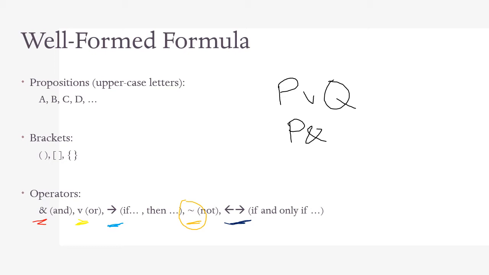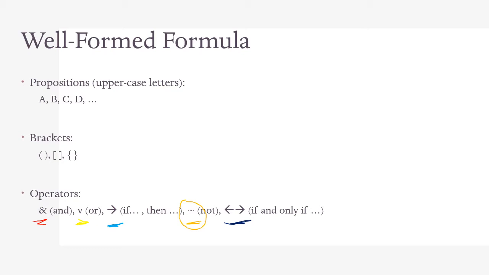P ampersand is not a well-formed formula because there's something missing. The same thing applies to any of the other operators except, again, the tilde.